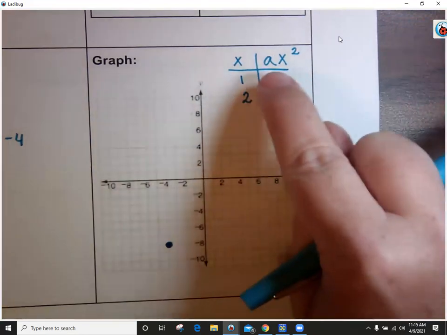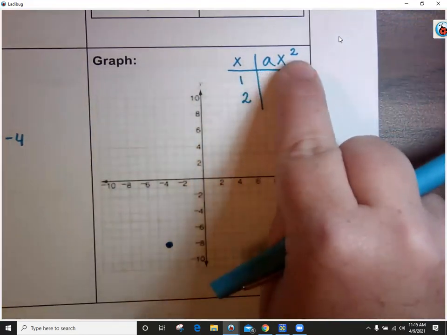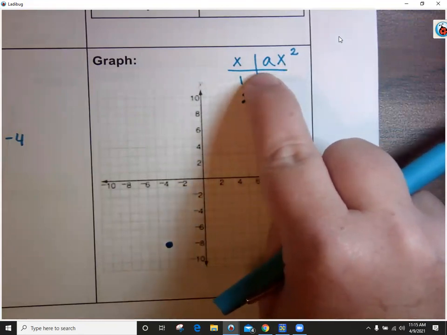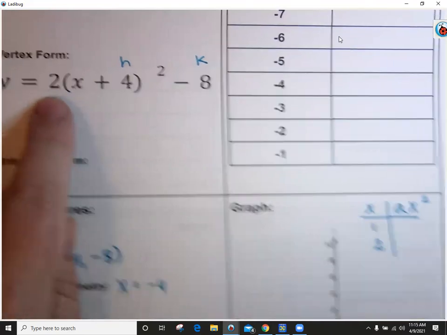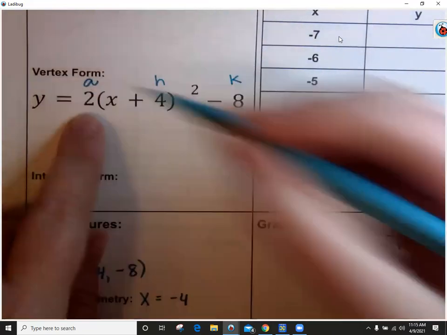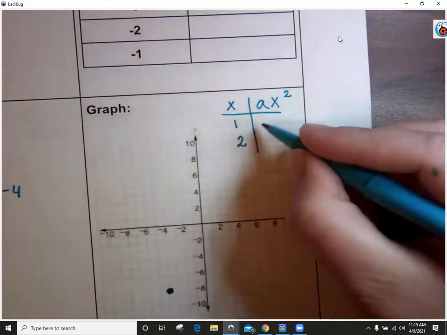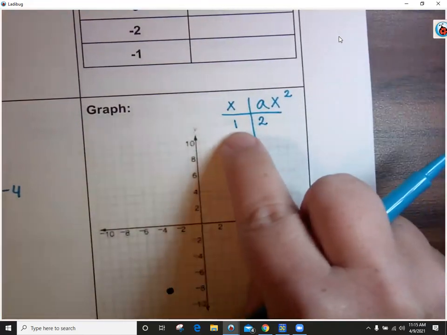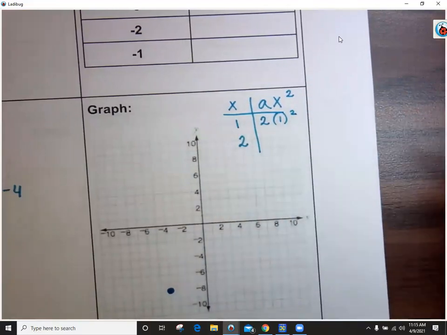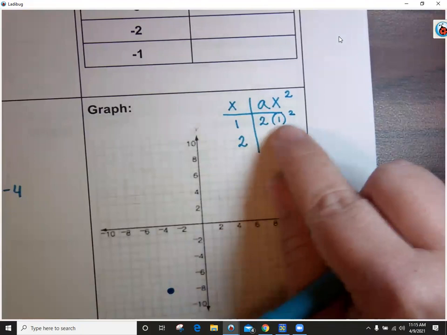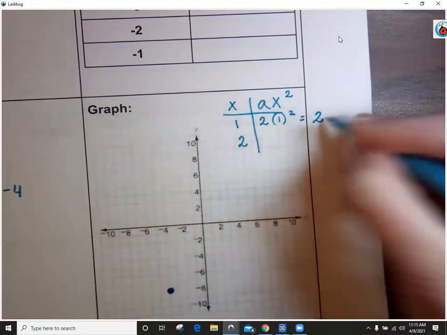Now we're going to plug what we just chose into ax squared, and the a that you use comes from your equation. So the a value in this equation is 2. So that's what we put here for a. And then we multiply it by the x that we chose and square it. So we would say 1 squared is 1, and 1 times 2 is 2.